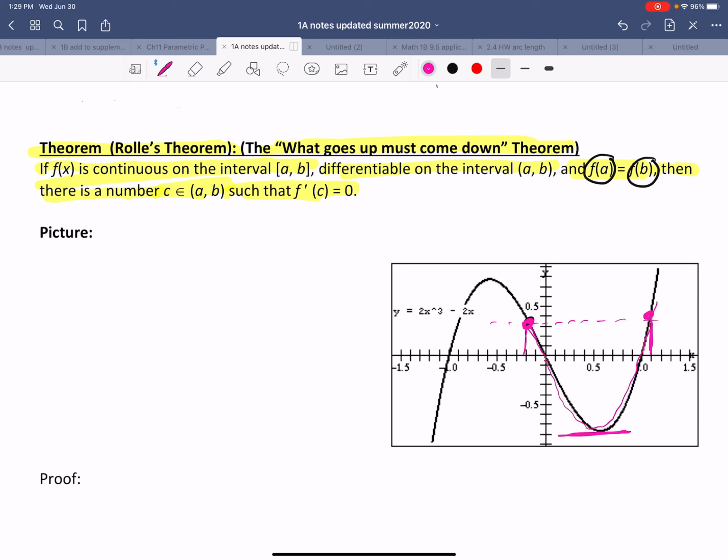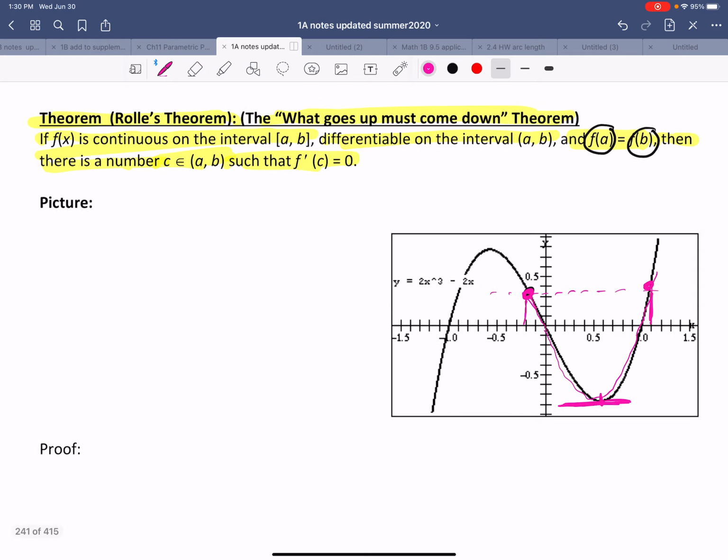So I do have a horizontal tangent somewhere in that interval. It seems confusing, but it says something very simple. If you have a continuous, differentiable function on the interval [a, b], and f of a and f of b are equal, then c lies in the interval (a, b) such that the derivative at point c is 0. The function that went down must come up, only then will the y values be equal.